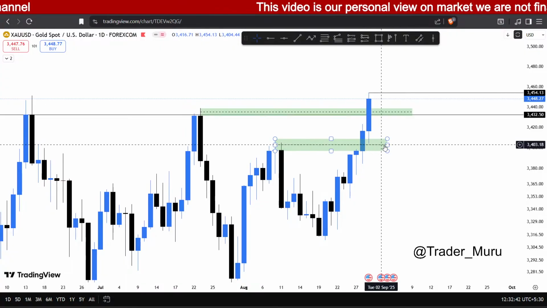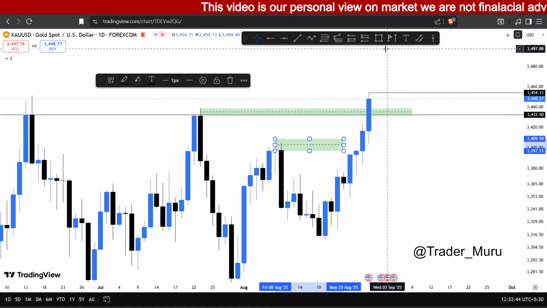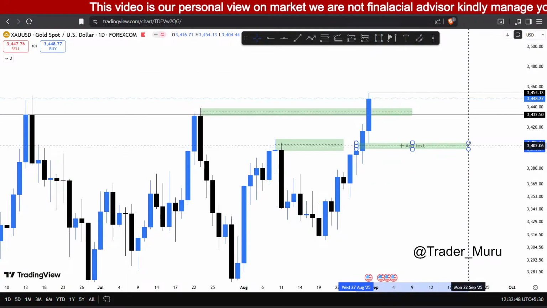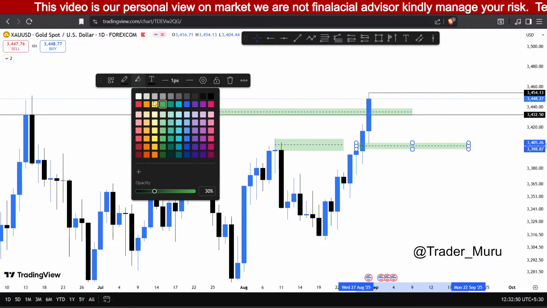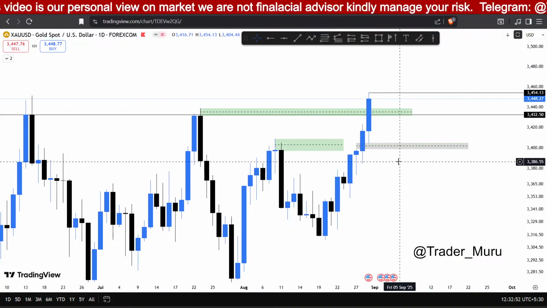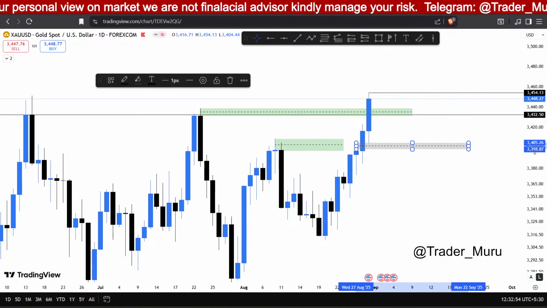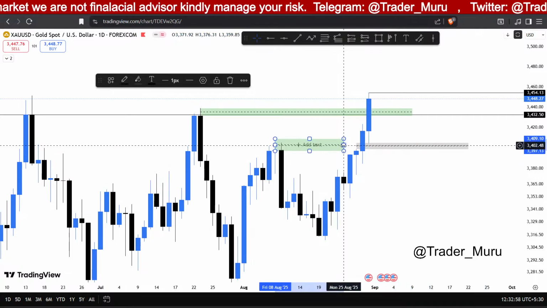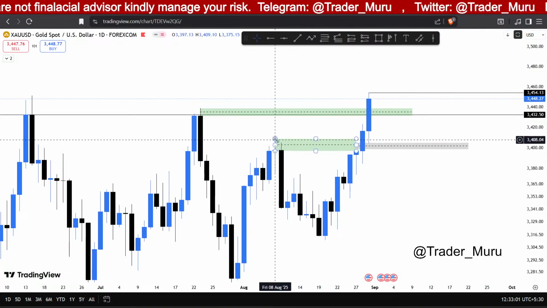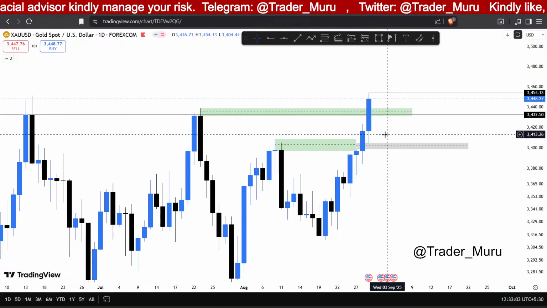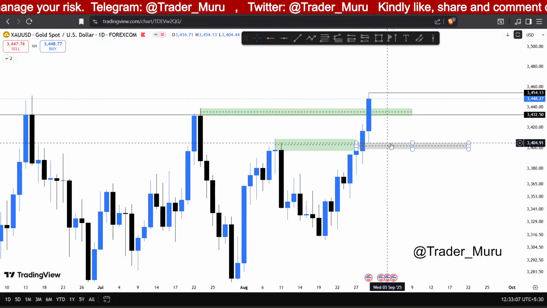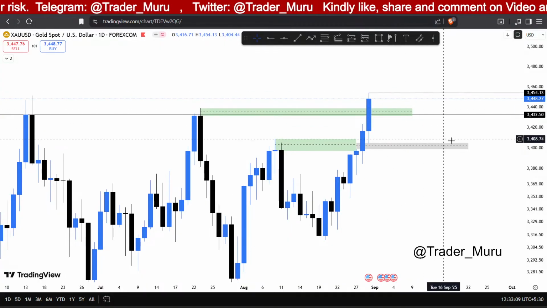Here you can clearly see this. This is our FVG, and the FVG price is 3405 to 3398, and it is aligned with this structural area. So if price retraces to this level, this will be one of the best buying areas for a bounce again.